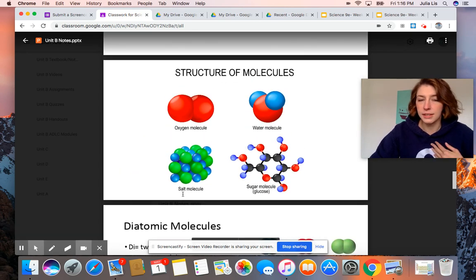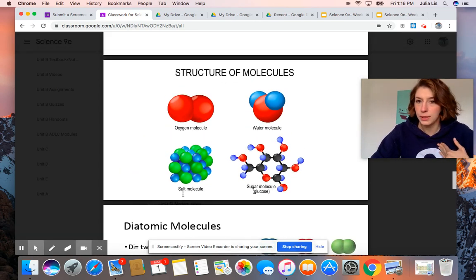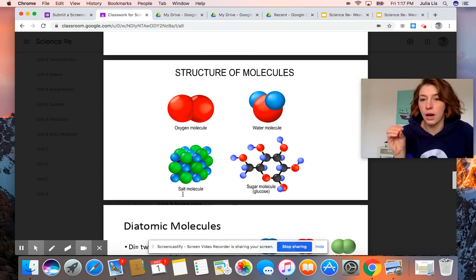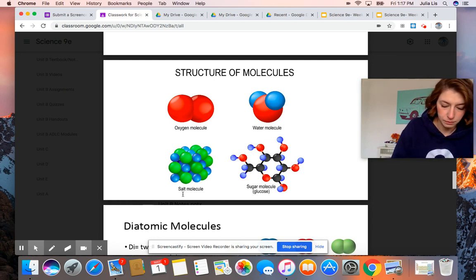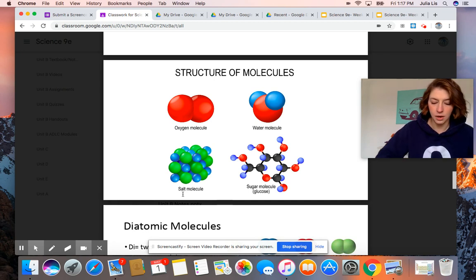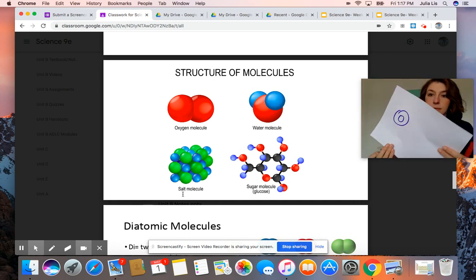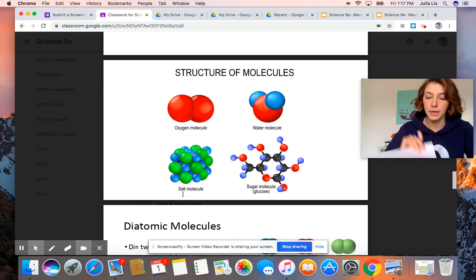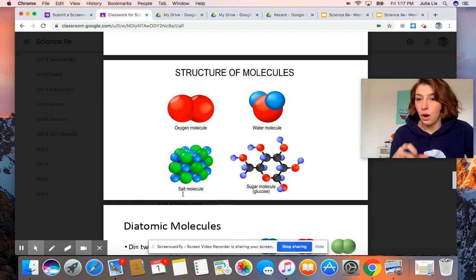When we're looking at the structure of molecules, okay, so backtracking a little bit, a molecule is a combination of atoms. So if you have a single element all by itself, like if you just had oxygen, an oxygen atom, just an individual one, O, that's called an atom.